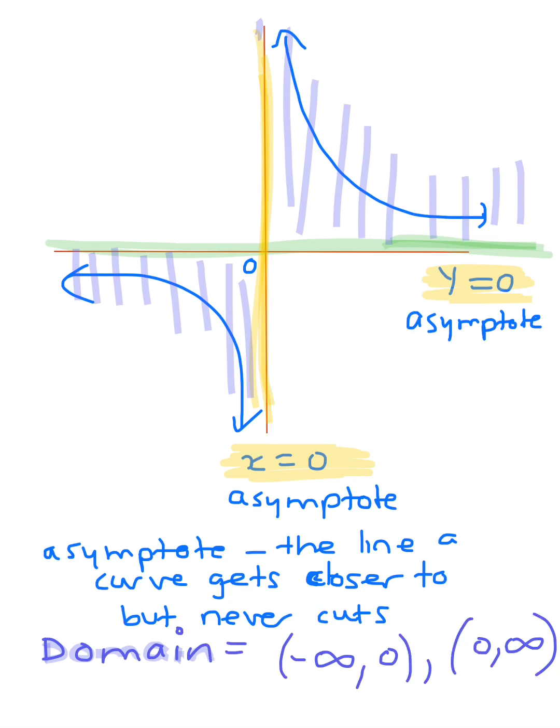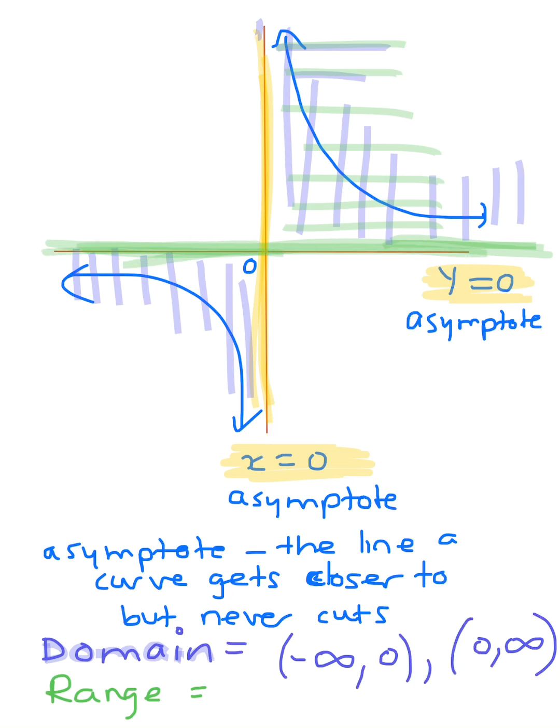And when you're looking at the range, the range is the values of y it's true for. Now you have curve just up here. But as you notice, you don't have y along the x-axis when y equals 0, because y will never equal 0.